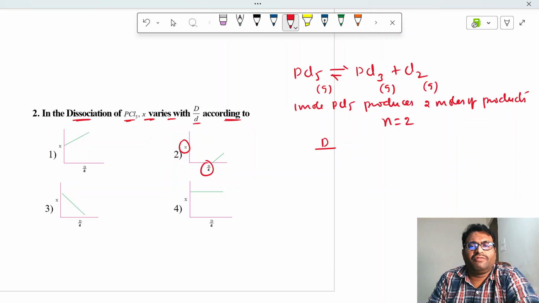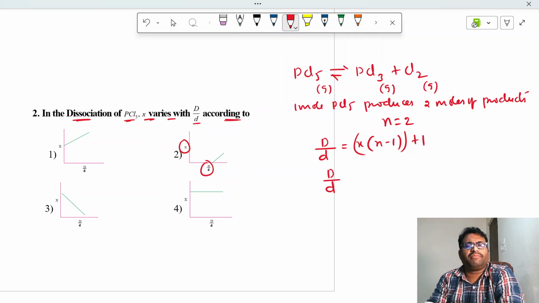Now we have derived that D by d is equal to x into (n minus 1) plus 1. Then for the dissociation of PCl5, x varies with D by d.